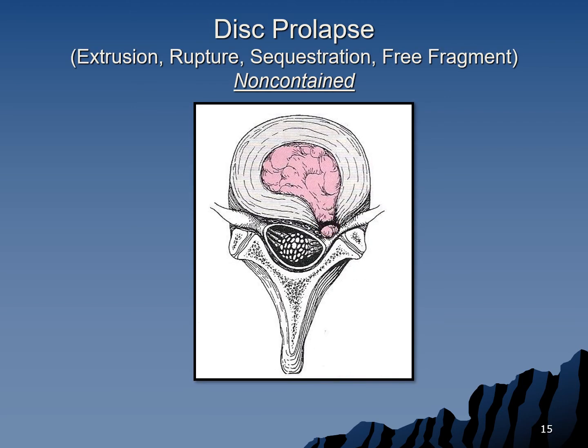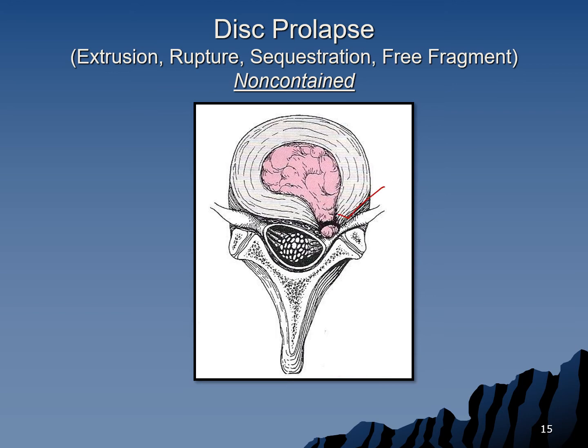And there's the prolapse. And a prolapse, of course, is non-contained, and that means that there's been a complete tear or split in the annulus, allowing the nuclear material to begin to poke out. This would be an extrusion because the material is still connected.